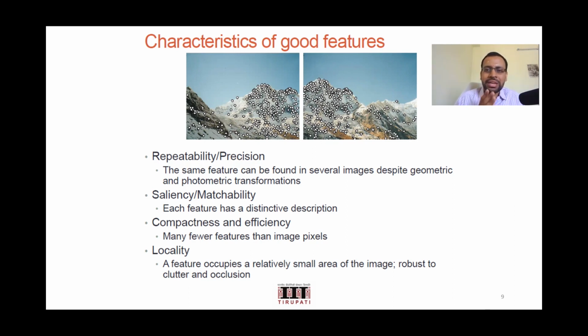We are not yet discussing how you choose them, but what we are discussing so far is what are the desirable properties for those representatives. So one thing is repeatability, matchability, compactness, and locality. These are the 4 important desirable properties of these key points. Clear so far?